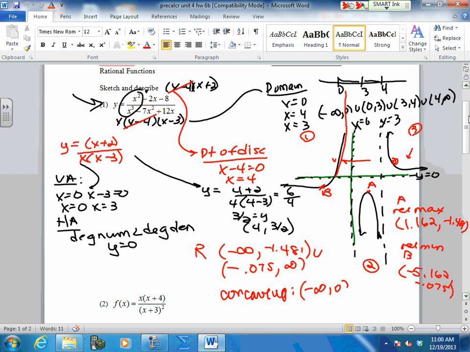Good. Yeah? Where else am I concaving up? Okay, from 3. But I have to take out which point? 4. I got to take out 4. And then I can continue to infinity. I got to take this point out because you kind of blocked me.